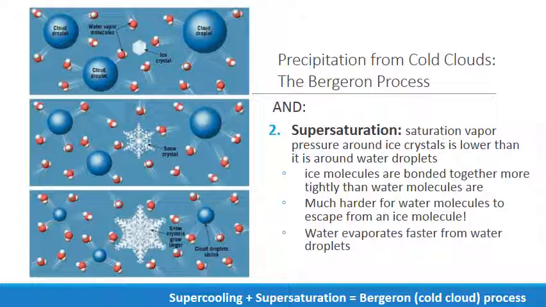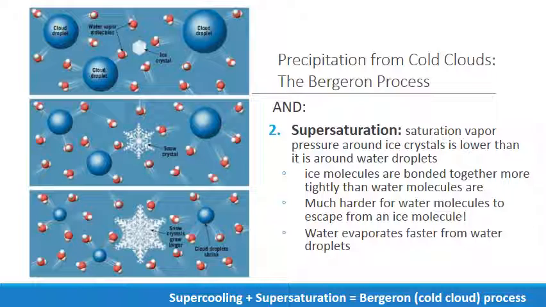So stated another way, when the air surrounding a water droplet reaches 100% relative humidity, it's saturated, it is much more saturated than the air around a nearby ice crystal.